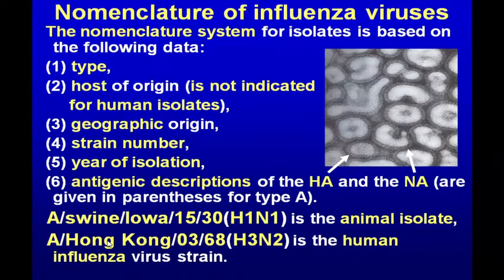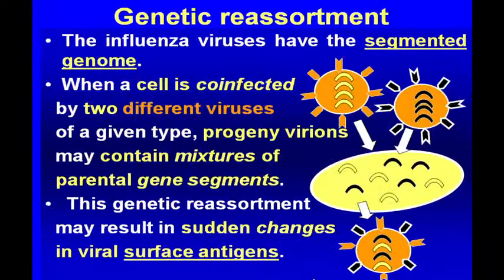Then the geographic area of origin is given for human viruses and for animal viruses. Then strain number, then year of isolation. This is 1930, this is 1968. And then the very important description, the most important description. This is the antigenic formula of hemagglutinin, or the hemagglutinin and neuraminidase.